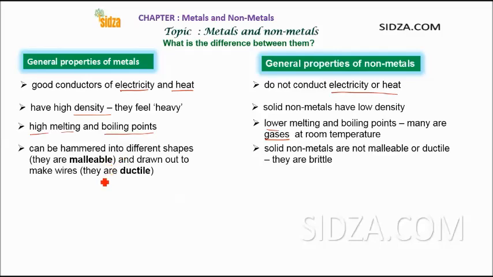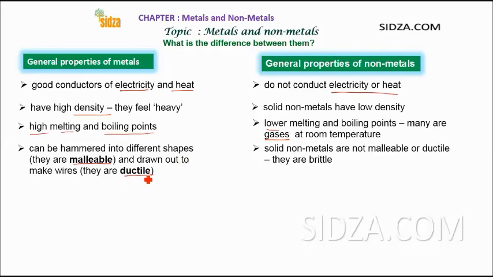You can draw metals into different shapes by hammering. By hammering, you can change the shape of metals into sheets or wires. This property is called malleability and ductility, right? So that means metals are malleable and metals are ductile.